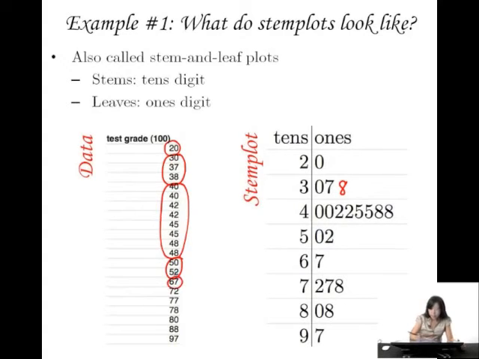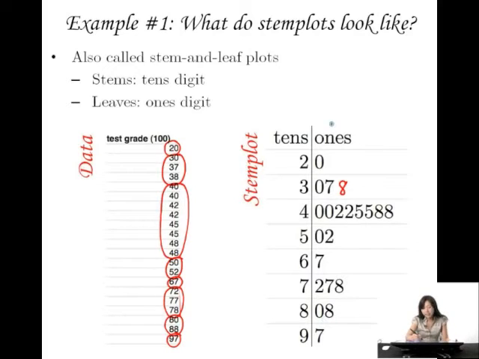And then 67, so I put the 6 here and the 7 here. For the 70s, there's 3 people, so I put the 2, the 7, and the 8, the ones places. And for the 80s, there's 2 people, the 0 and the 8. And for the 90s, there's just one person who got a 97.